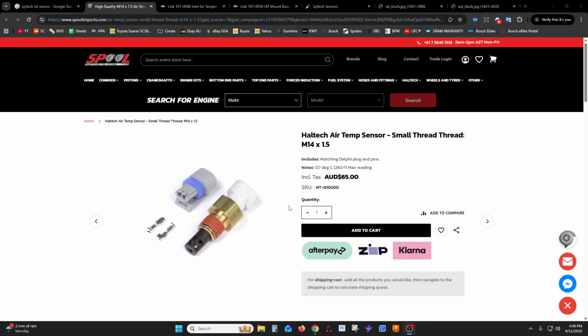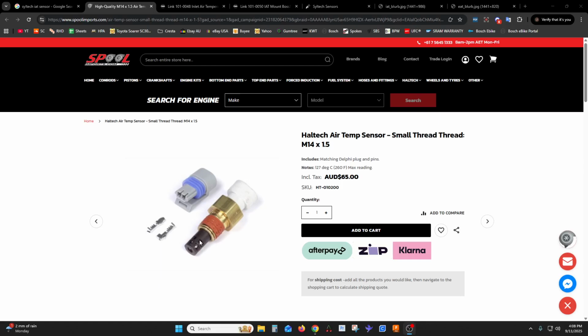and basically air temp sensors come in different sort of styles, and fairly recently there's been some advancements in the quality of, well, the speed of ECUs, and also the quality of the sensors.